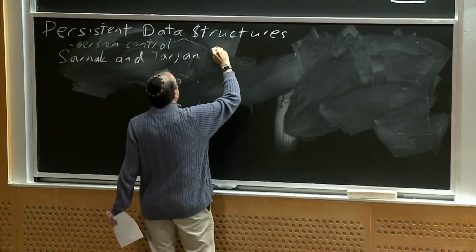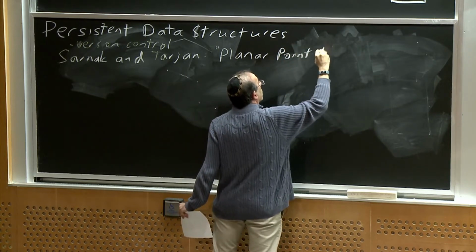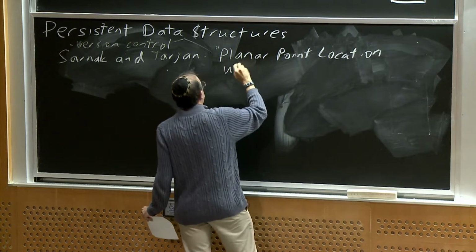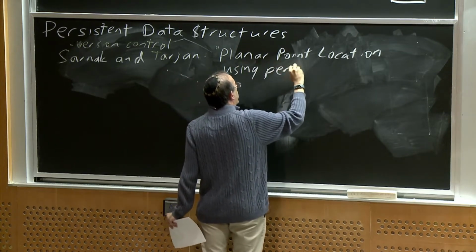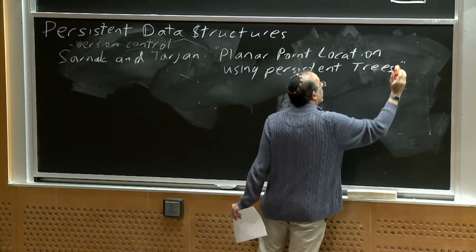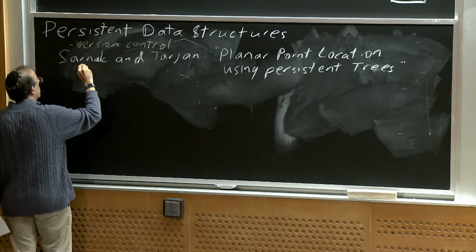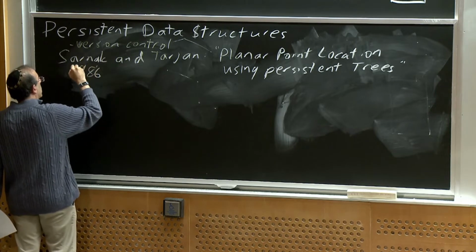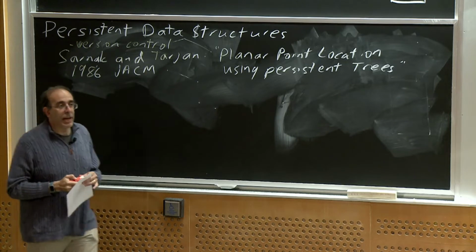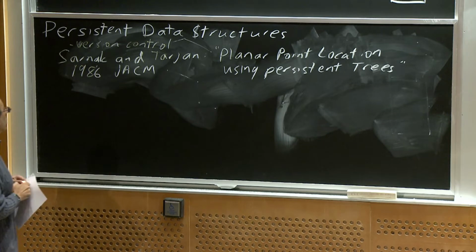Who wrote a paper called Planar Point Location using Persistent Trees. And this was in 1986. And it appeared in the Journal of the ACM, which is the flagship journal in computer science. It's where the very, very best papers on any topic are supposed to appear.